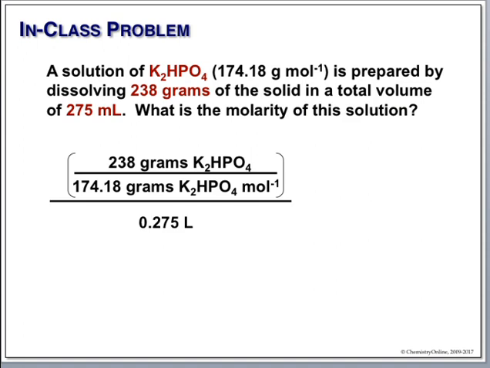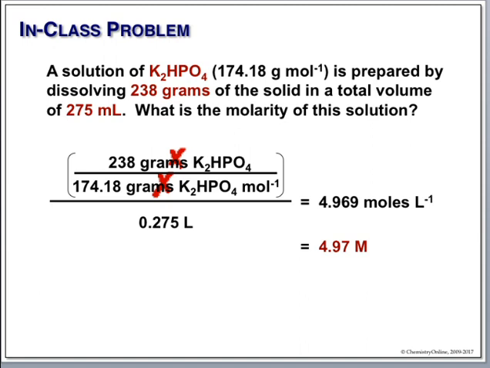And we get roughly 5 moles per liter. We would say the solution is 4.97 molar. Simple concept, simple calculation. Number of moles, number of liters.